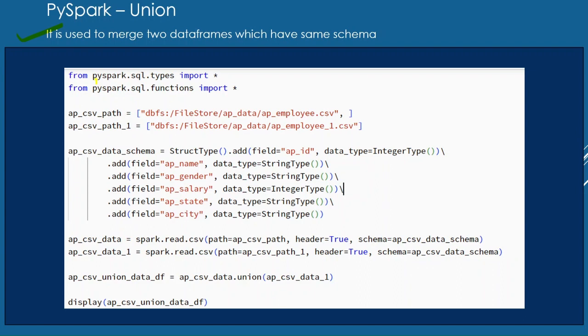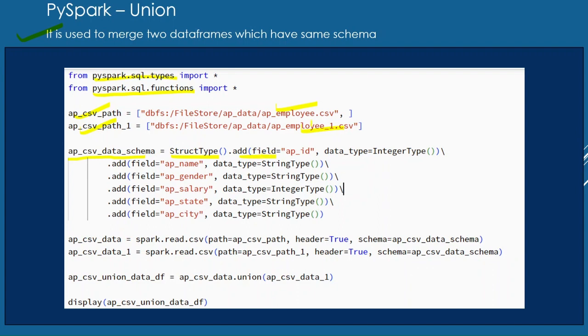So here, we are importing all the required libraries. We are creating two list objects, and in each list object we are storing one part of the CSV file which we are going to read. Here we are creating a custom schema with the help of StructType and StructField.